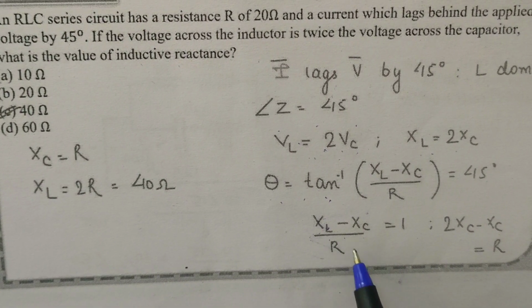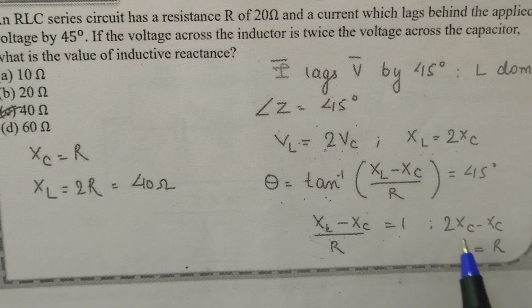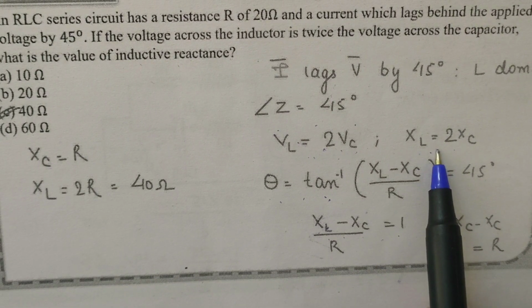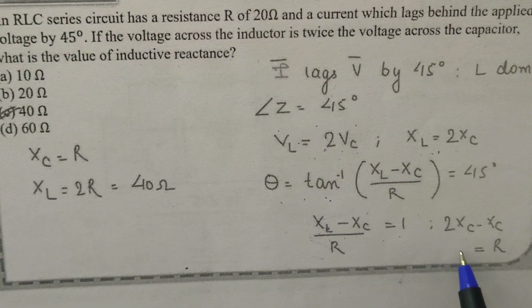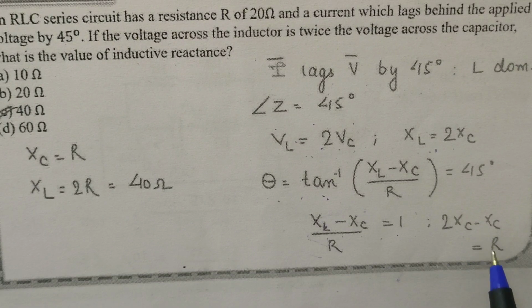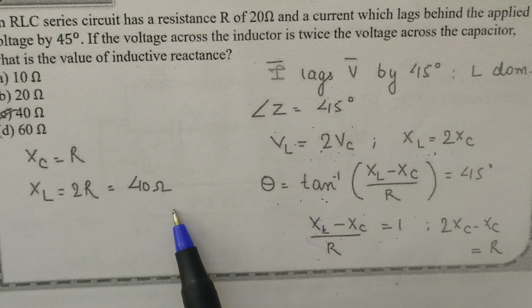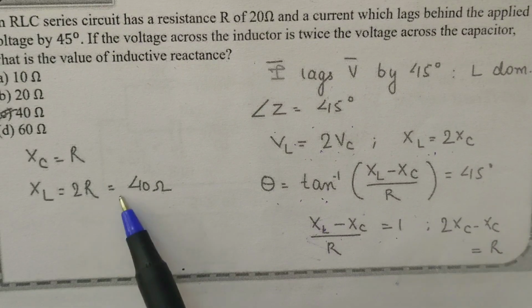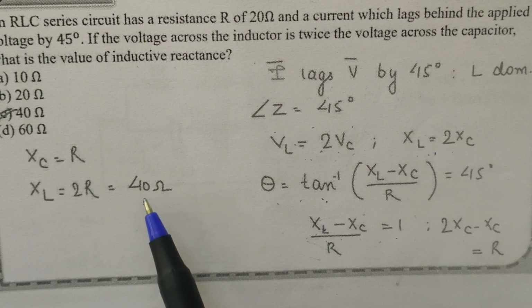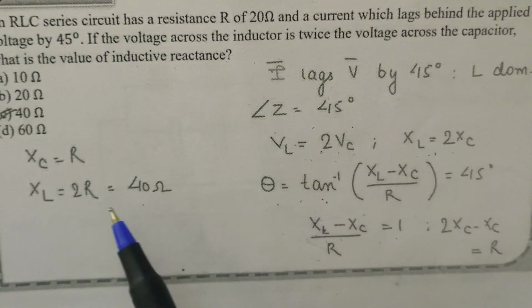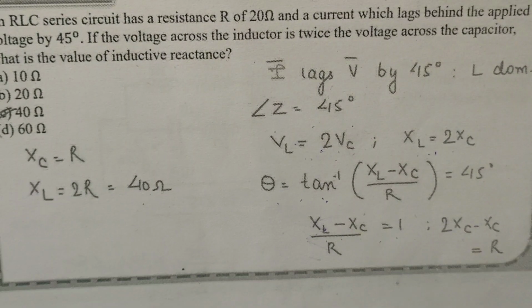Here XL minus XC is equal to R. Already given that XL is 2 times XC. So XC is equal to R. XL is equal to 2 times R, where R value is 20 ohms. So 2 times 20 is 40 ohms.